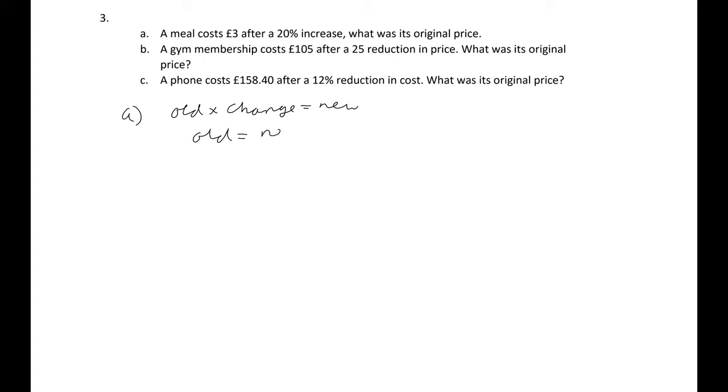Old equals new over change, which equals 3 over, was a 20% increase, so it's 120% or 1.2, and 3 divided by 1.2 is 2.5. So the old price is £2.50.